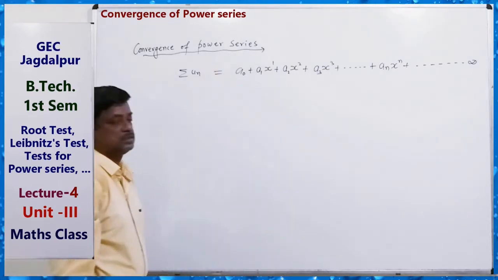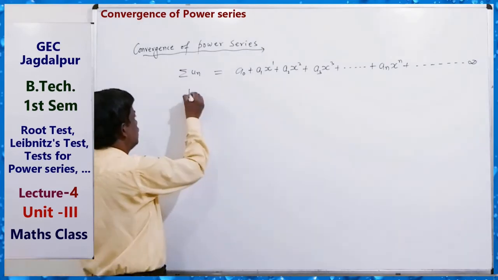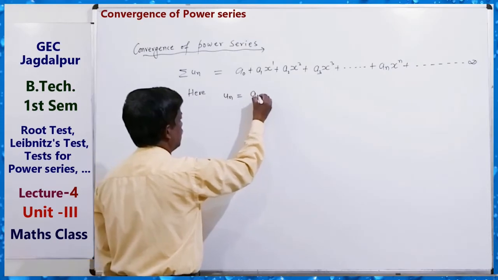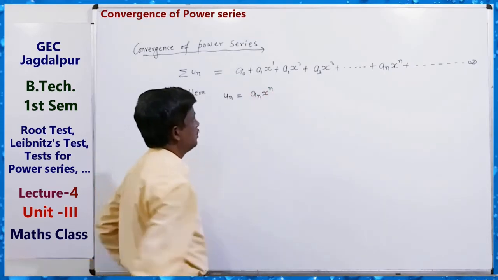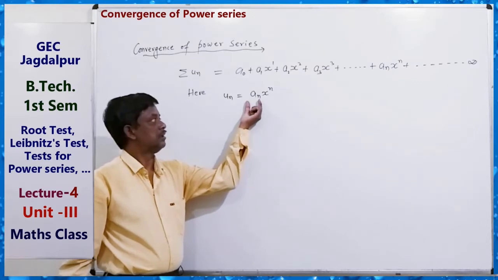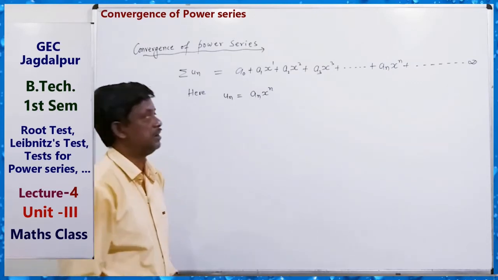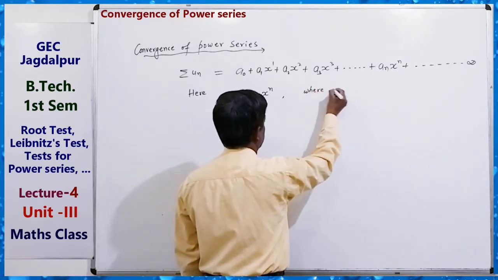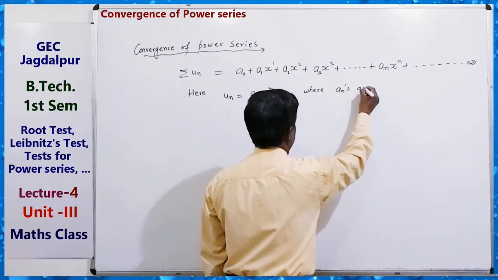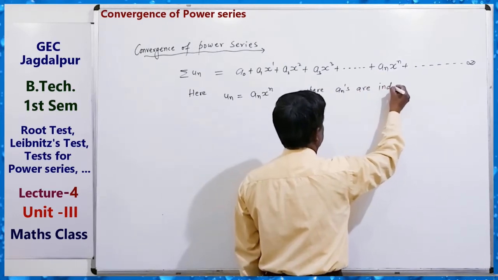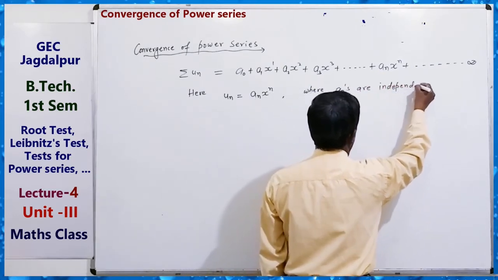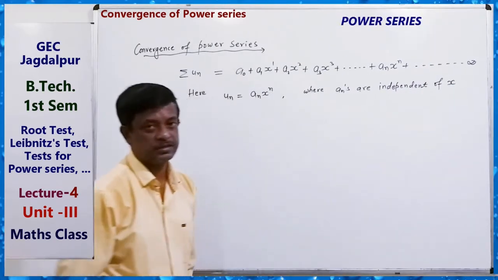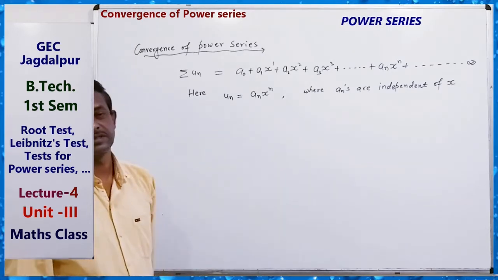If we are using this notation, then here un equals to an x to the power n, where the an are independent of x. This is known as power series.